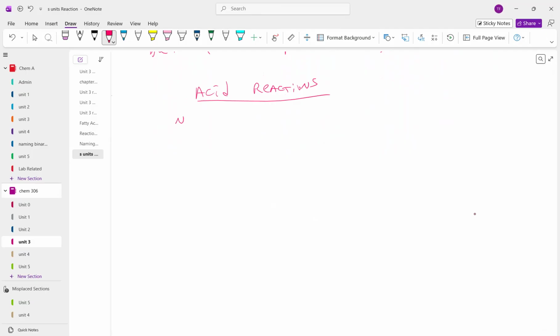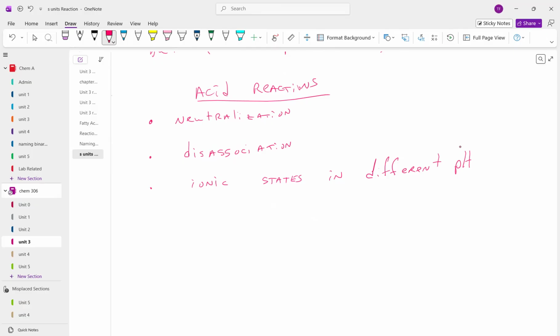So acid reactions are neutralization, dissociation, and ionic states in different pHs.